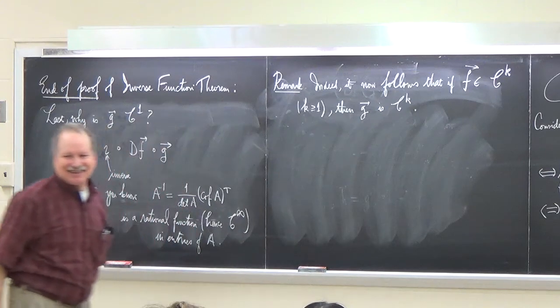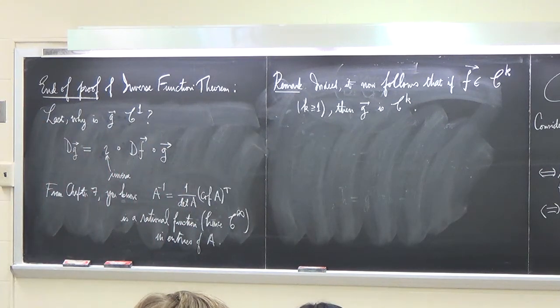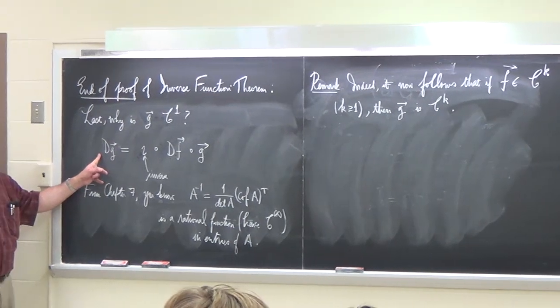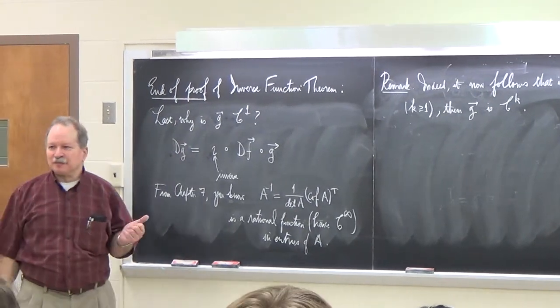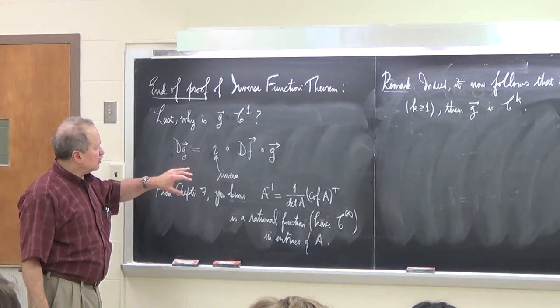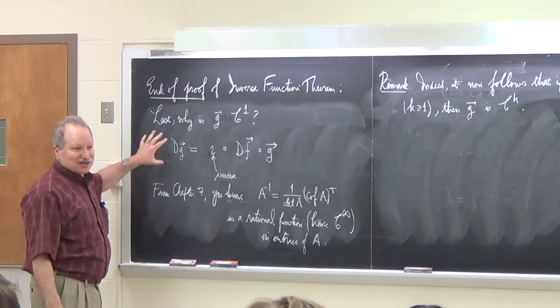So g gets all the benefits of f. Can you give me the argument for this? Suppose f were C2. Don't you just add in another df? No, I'm not going to take any derivatives. I'm just going to use this equation.